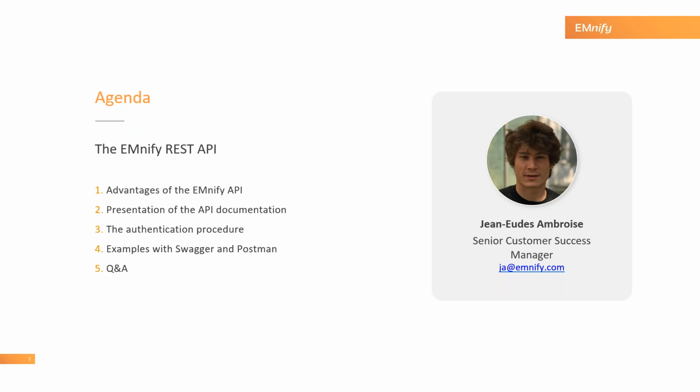Before I jump into the subject, I will tell you a bit more about the advantages of the API and how you can use them. Then I will tell you a bit more about the EMnify documentation. Then we'll take a look at the authentication procedure, which is very important to understand so that your API can work perfectly.